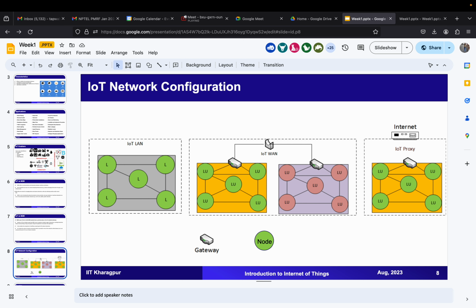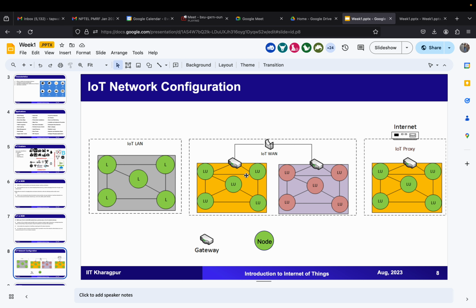Then there are three different IoT network configurations. First one is IoT LAN, second one is IoT WAN, and third one is IoT proxy. In the case of IoT LAN, only the nearby IoT devices can interact with each other. So there is only a single network. That is called IoT LAN. In the case of IoT WAN, different IoT LANs can interact with each other with the help of a gateway device.